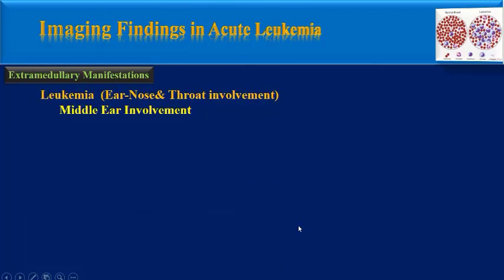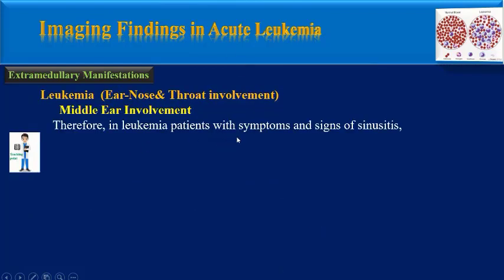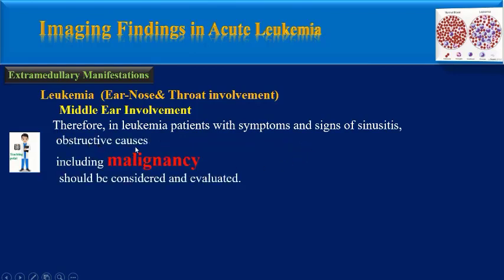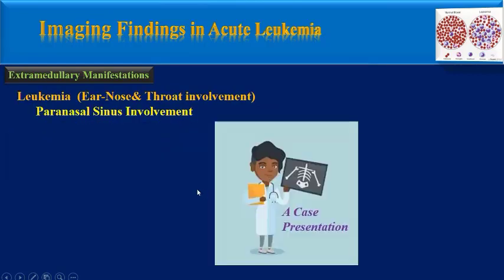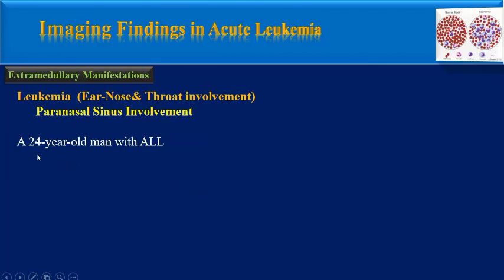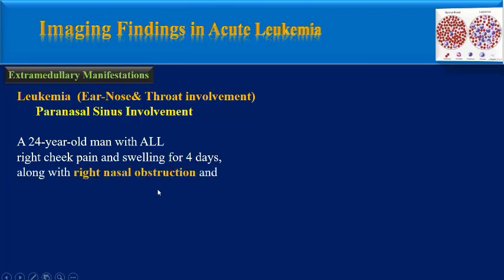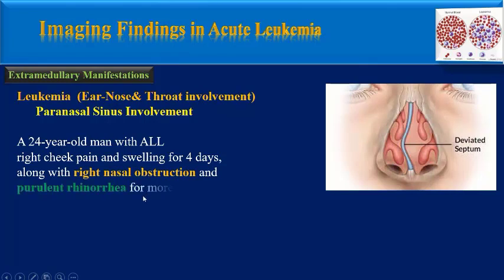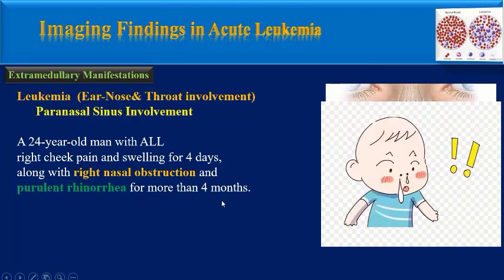Now, a teaching point: in leukemia patients with symptoms and signs of sinusitis, obstructive causes including malignancy should be considered and evaluated. Another case presentation: a 24-year-old man with ALL, right cheek pain and swelling for 4 days, along with right nasal obstruction and purulent rhinorrhea for more than 4 months.